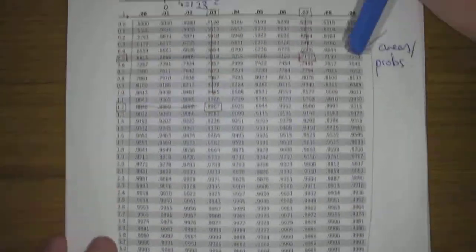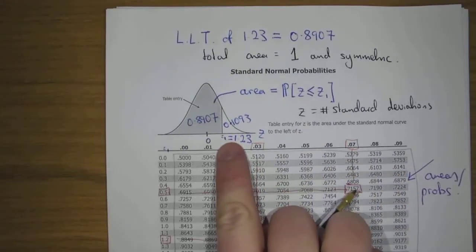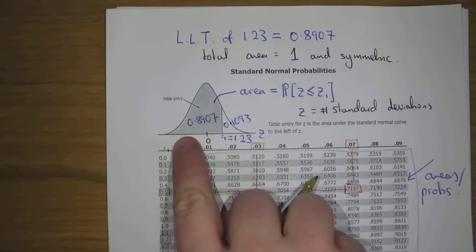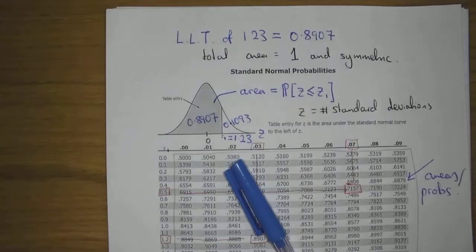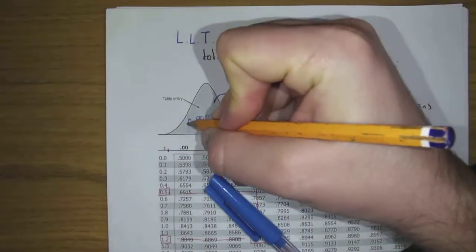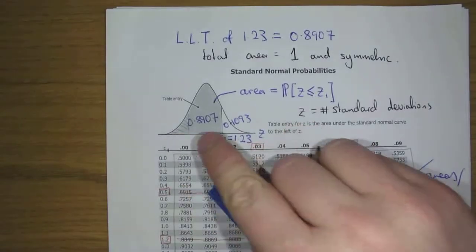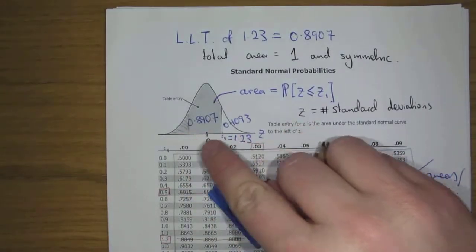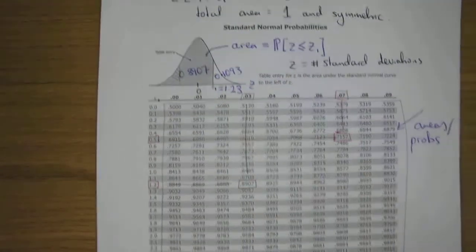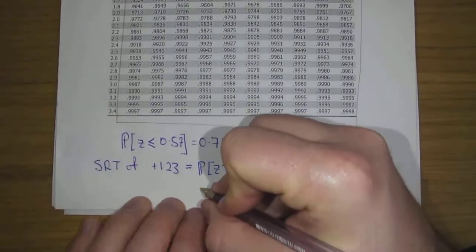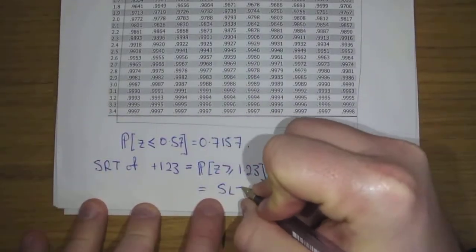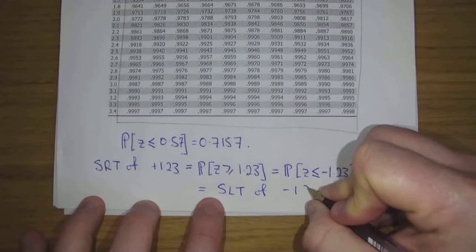So if you go over from plus 1.23 to minus 1.23, the area in this short left tail at minus 1.23 is the same as the area in the short right tail. So this is the same as the short left tail of minus 1.23.